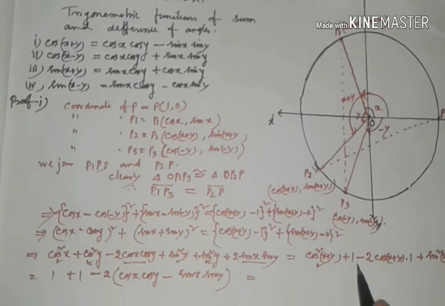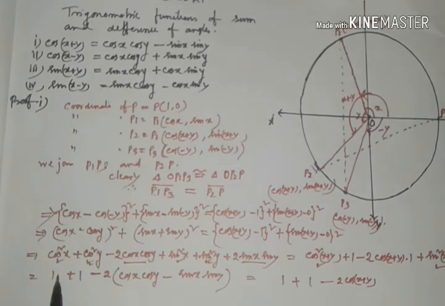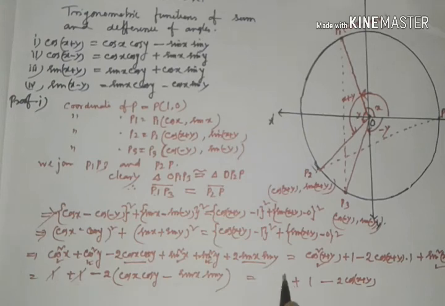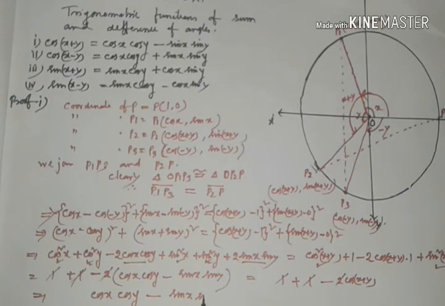Here also cos square x plus y plus sin square x plus y is 1, so this is 1, this is 1, this is 2, minus 2 cos x plus y. Now we can say 1, 1, and minus 2, minus 2. From this we get cos x cos y minus sin x sin y is equal to cos x plus y.